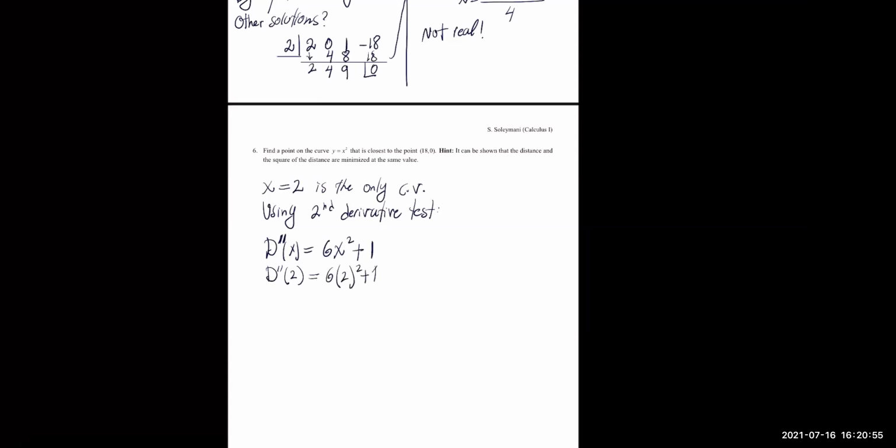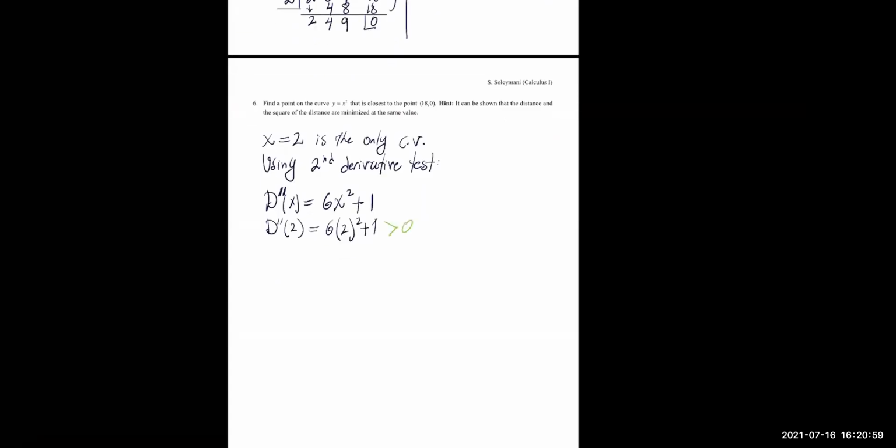I don't care what that gives me. This is positive, which means that d is concave up. So at x equal to 2, our distance function has an absolute minimum.